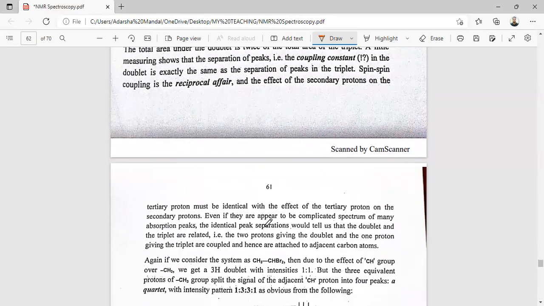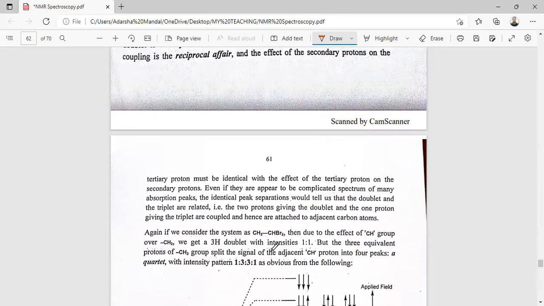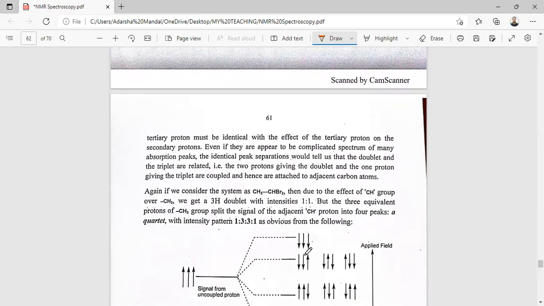Even in a complicated spectrum with many adjacent peaks, the identical peak separation would tell us the doublet and triplet are related. The two protons giving the doublet and the one proton giving a triplet are coupled, hence they are attached to adjacent carbon centers. So from this peak separation, we can identify which proton is adjacent to which proton.